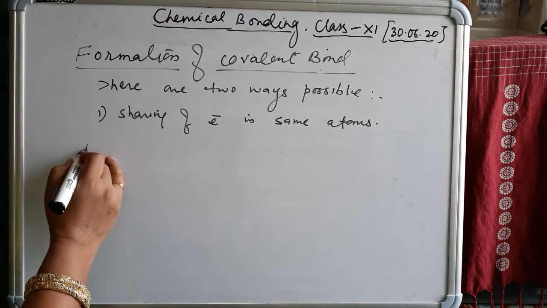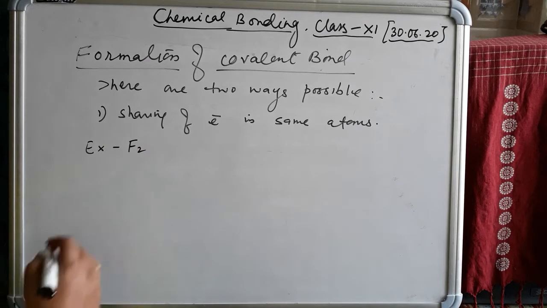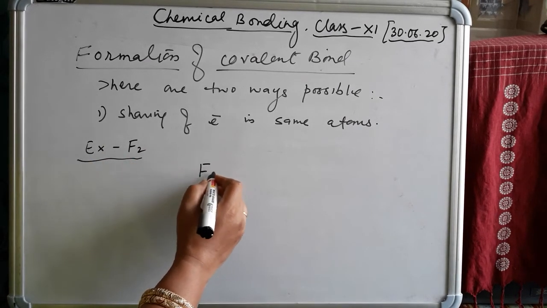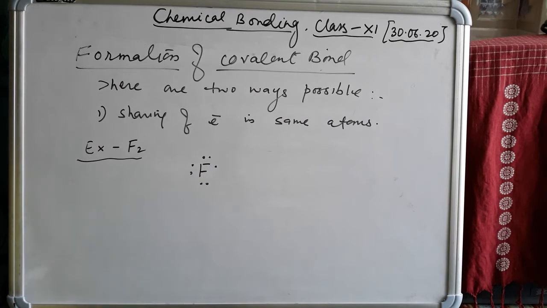For example, fluorine. Suppose we show the covalent bond in fluorine molecules. First we write the Lewis dot structure of fluorine.